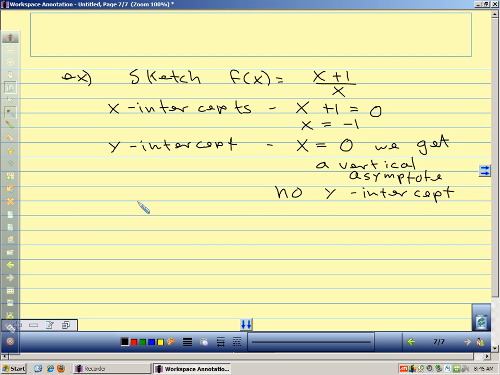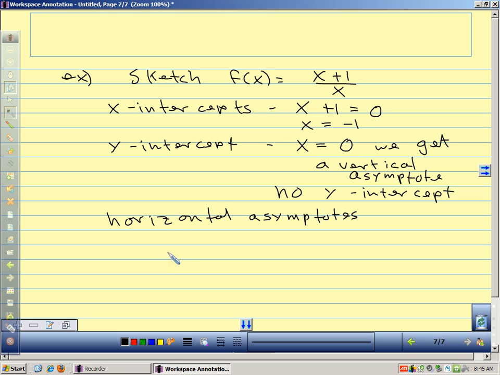Our vertical asymptote we just talked about. We get a vertical asymptote at x equals 0. Now we want to look at our horizontal asymptote. How do the degree of the numerator and denominator compare? They're the same. So what does that tell us about our horizontal asymptote?